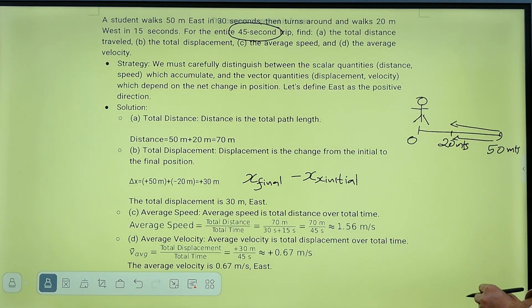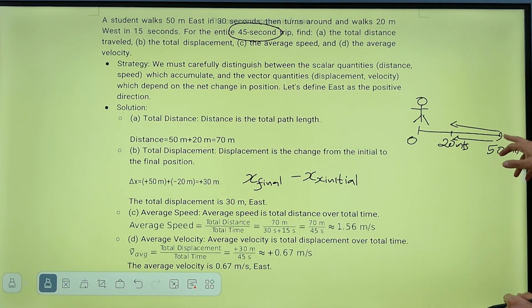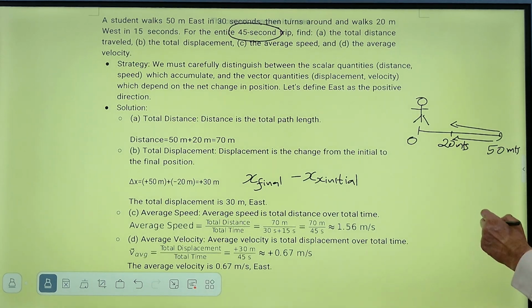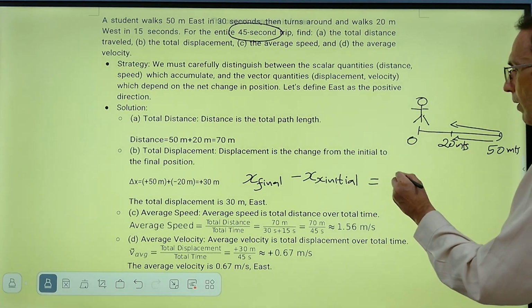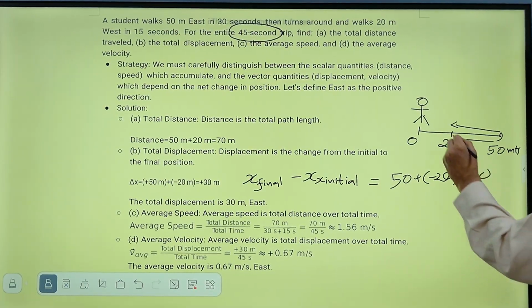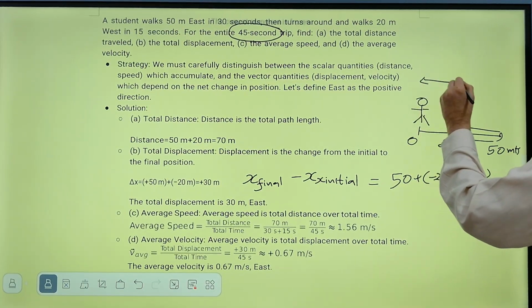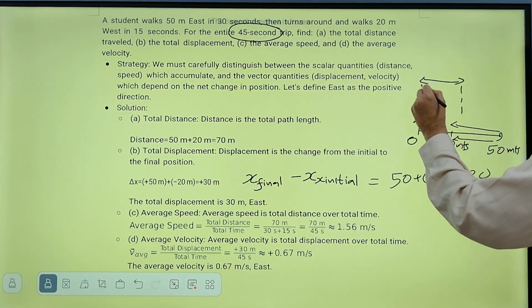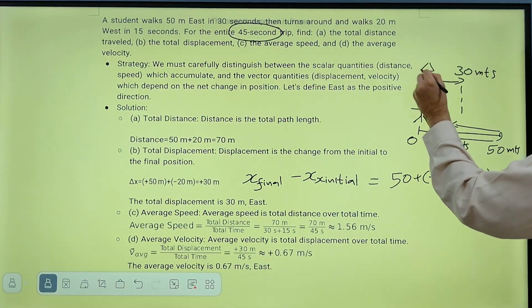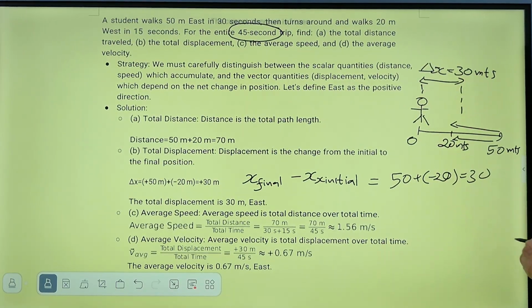So the final position is 50 minus 20, which will give you 30. So the distance from this point to this point is 30 meters. So this is delta x, the displacement that he has covered.